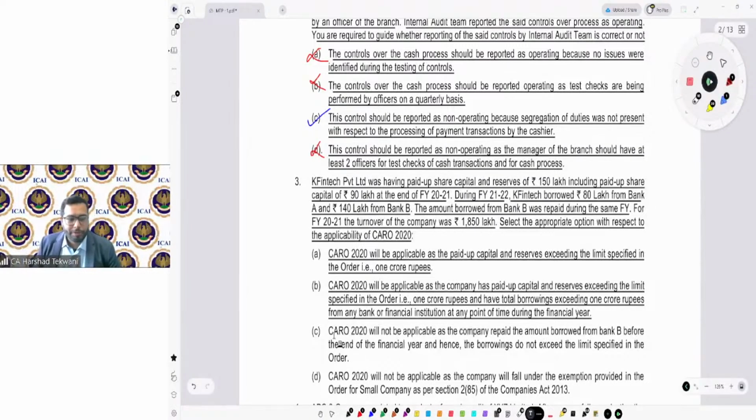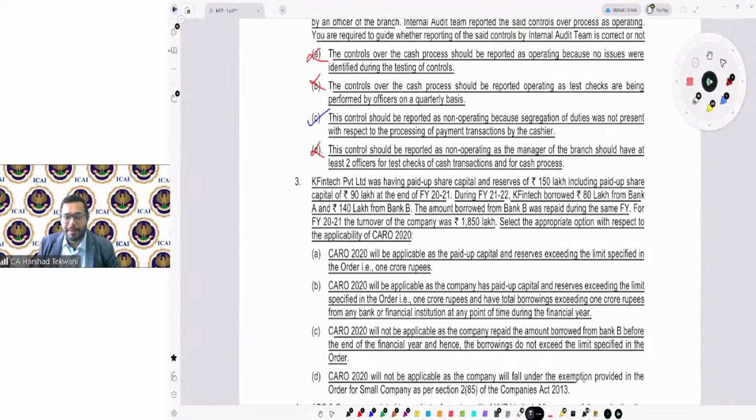Option C: CARO 2020 will not be applicable as the company has repaid the amount borrowed from bank B before the end of the financial year, and hence the borrowings do not exceed the specified limit of the order. Option D: CARO 2020 will not be applicable as the company falls under the exemption provided in the order for small company as per section 2(85) of the Companies Act.